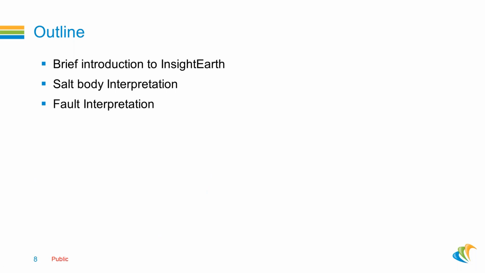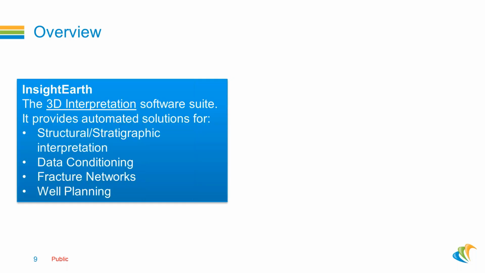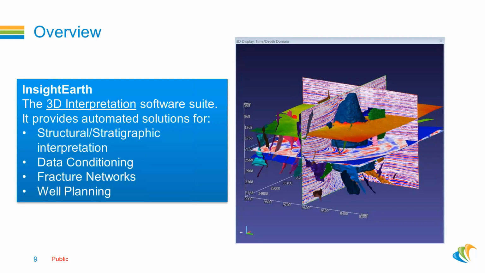For today, we are going to talk about a brief introduction to Inside Earth, solid body interpretation, and fault interpretation techniques. Inside Earth is the software that we are using to do the interpretation in 3D. We can do a structural and stratigraphic interpretation.